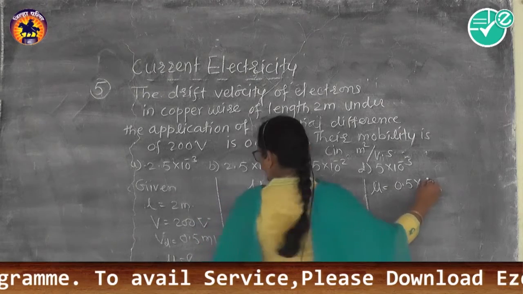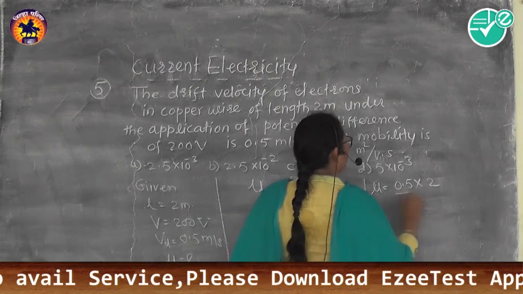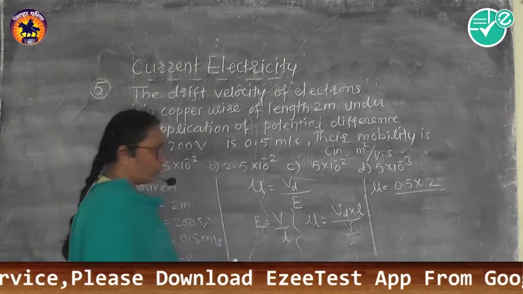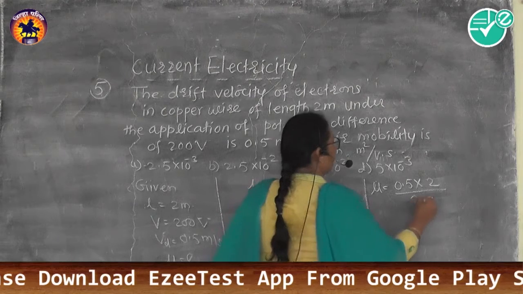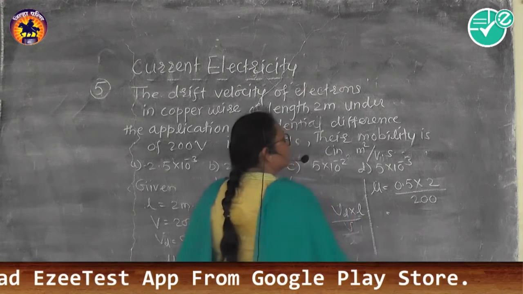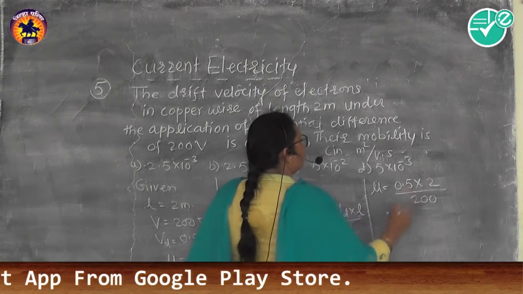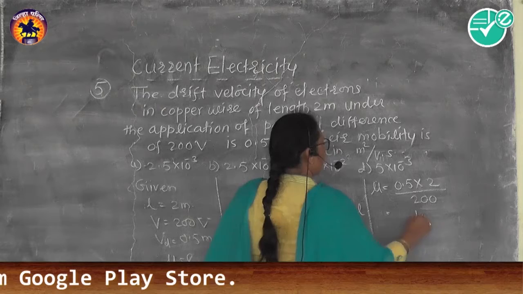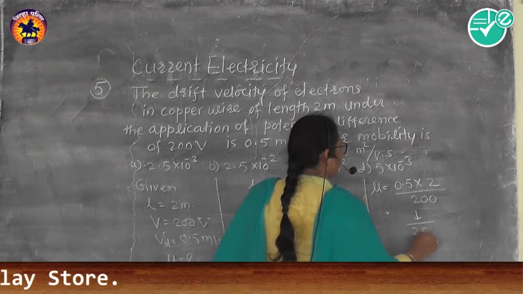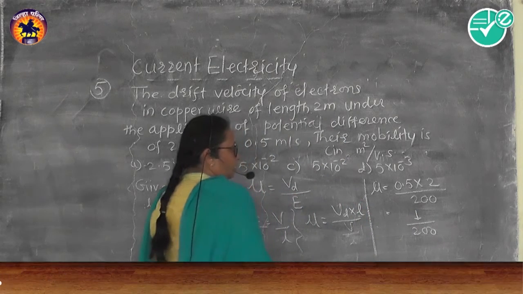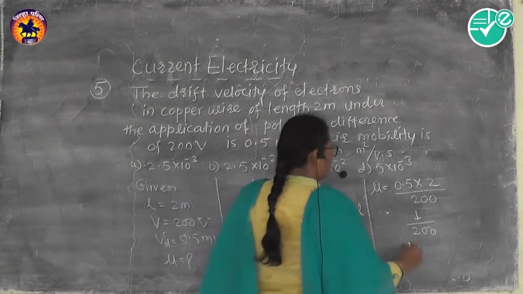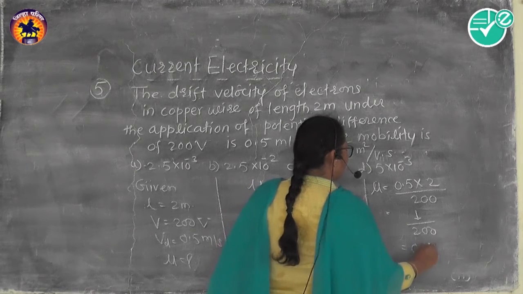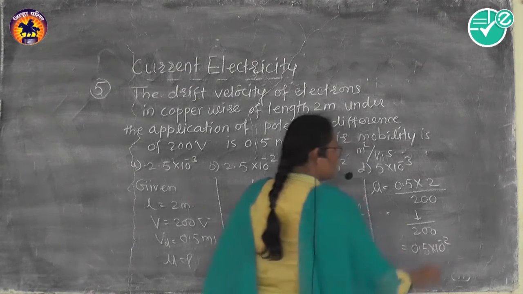Then length is 2 meter divided by potential V, that is 200. So this is 2 into 0.5, that is 1 divided by 200, that means 0.5 into 10 to the power minus 2.